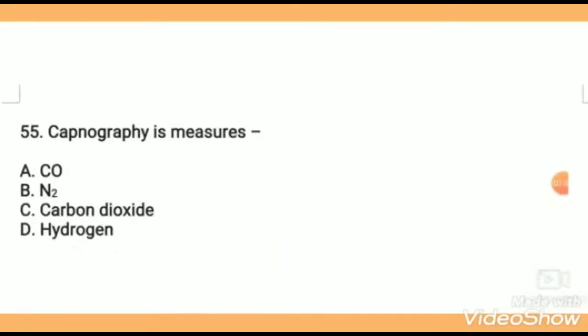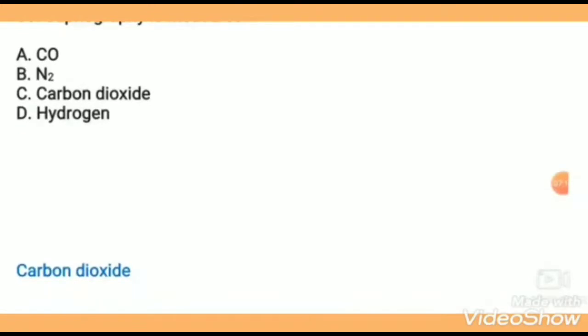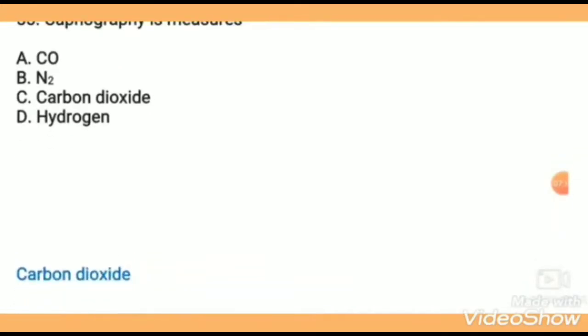Capnography measures carbon monoxide, nitrogen, carbon dioxide, or hydrogen. So, capnography measures carbon dioxide. Next question.